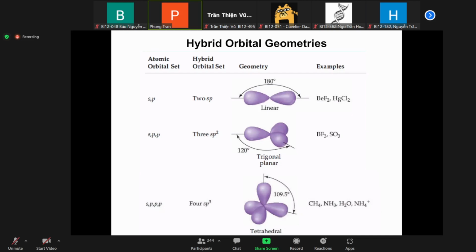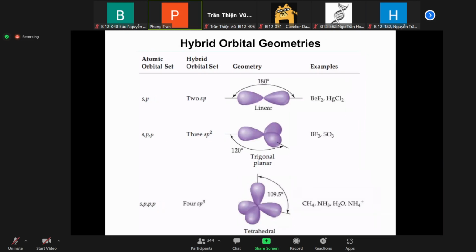For example, you have BeF2, mercury chloride. You have sp2 for molecules like BF3, SO3. You have sp3 for molecules like CH4, NH3, water, ammonium.